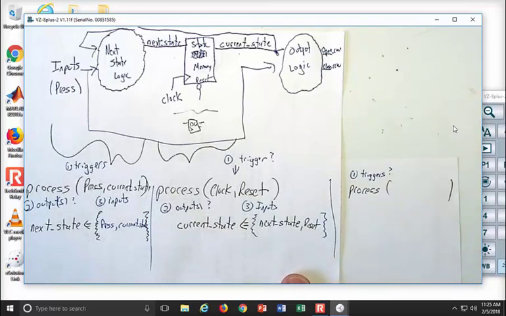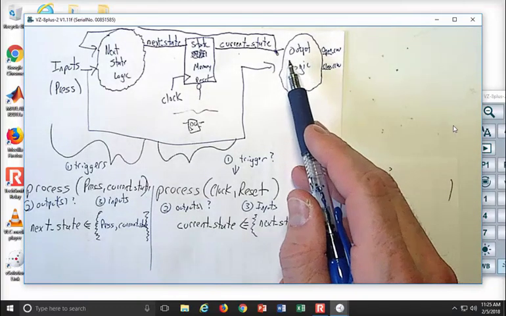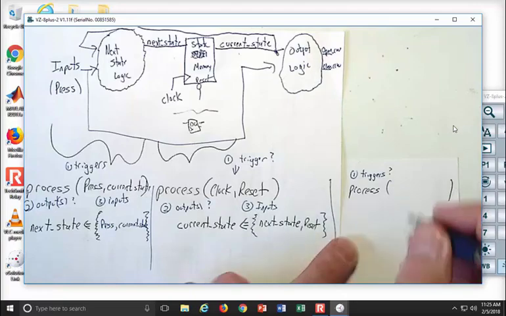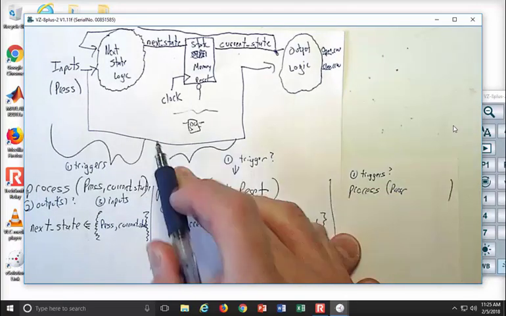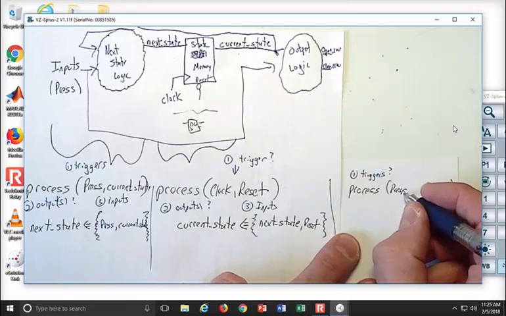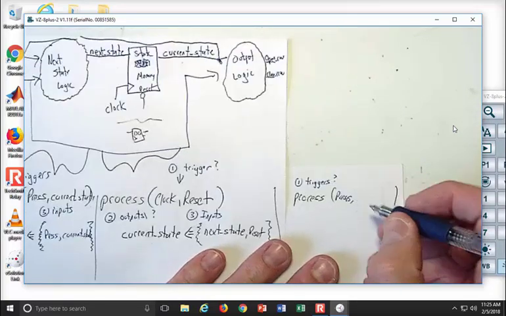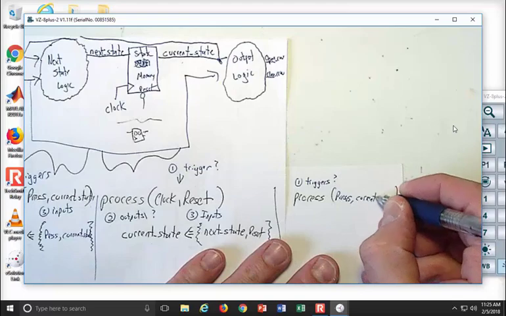Before we even name the signals, is it combinational logic or sequential logic? It's combinational logic. That means I need to list all of the inputs into the circuit in the sensitivity list. So you say it will trigger off of press? Absolutely. Press came in here, and what else? Current state. Current state, absolutely. So this becomes current state.